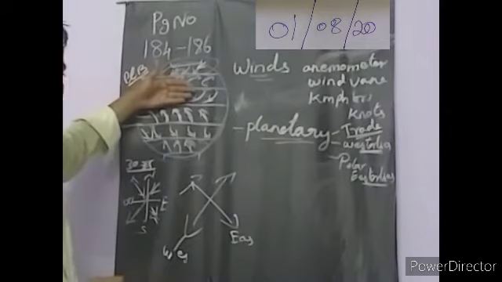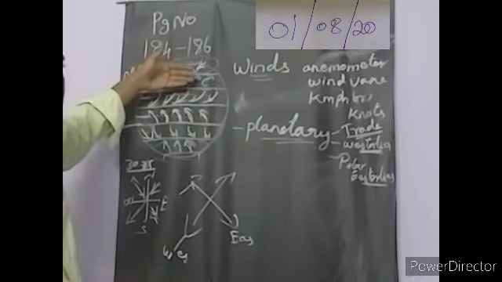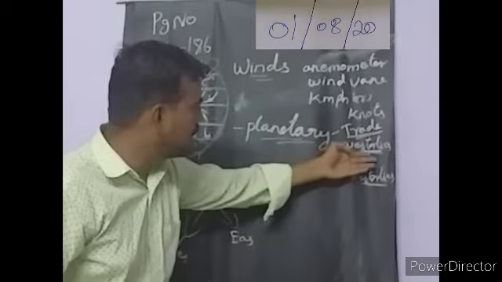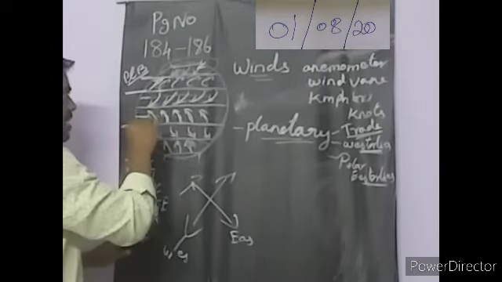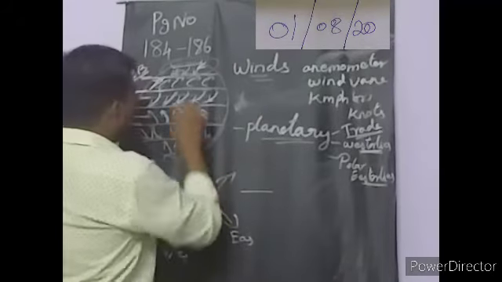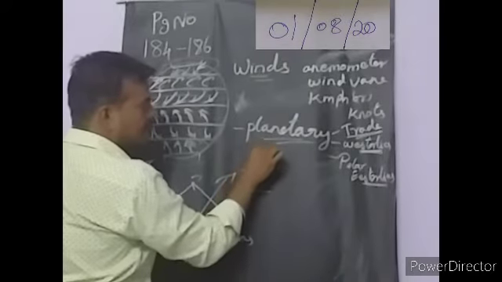In the southern hemisphere also the same thing happens, and in the northern hemisphere also. So understand that. Polar westerlies means from the western direction. For example, in the north, it blows from southwest to northeast.